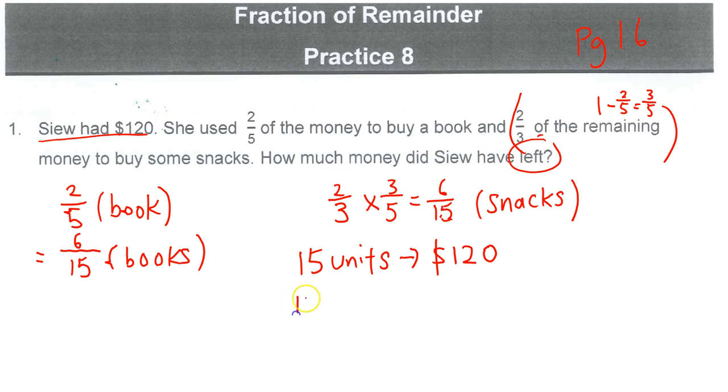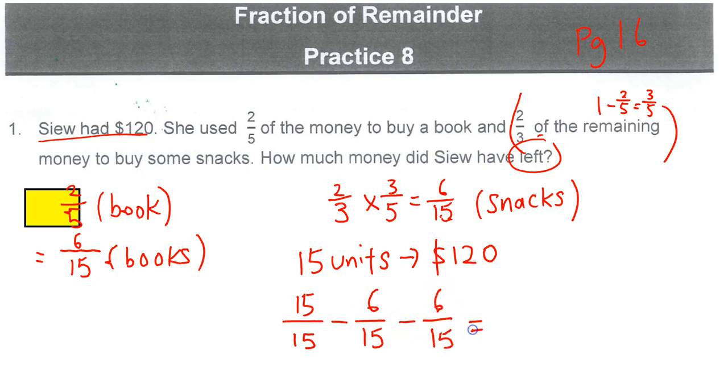So you started off with 15, that's the total units. You take away the units that you spend for books, and you take away the units that you spend for snacks. Whatever fraction you get will be what is left, which is 3/15. So I'm going to use English to say again, this means left.